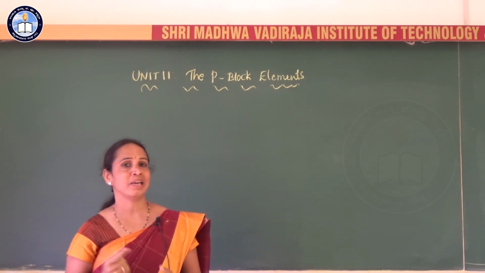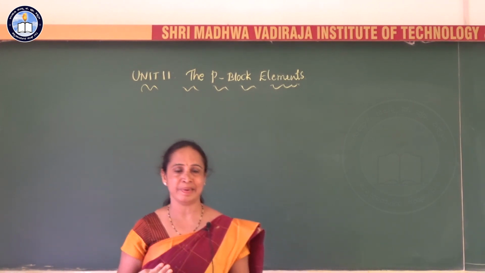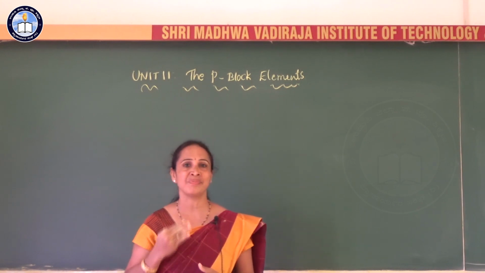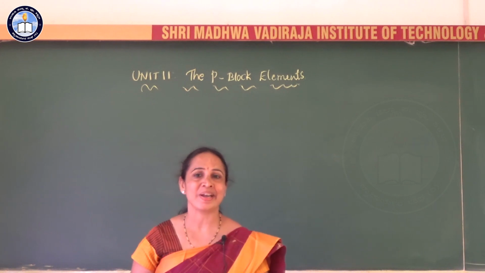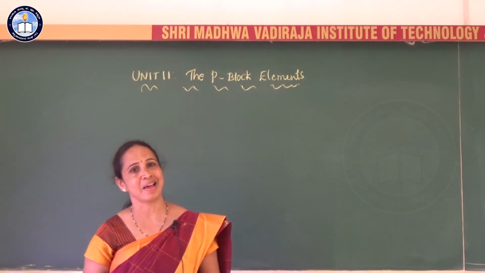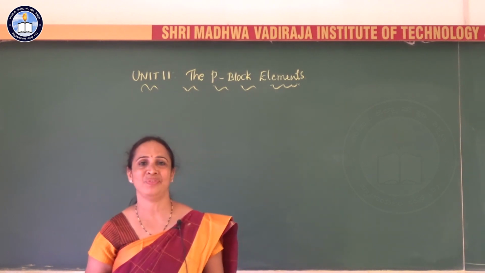In the next class we are going to study certain anomalous properties of carbon and the 3 important allotropes of carbon, that is diamond, graphite and fullerenes.